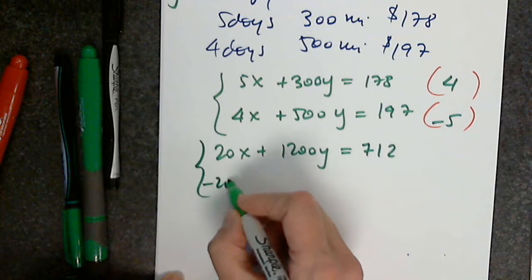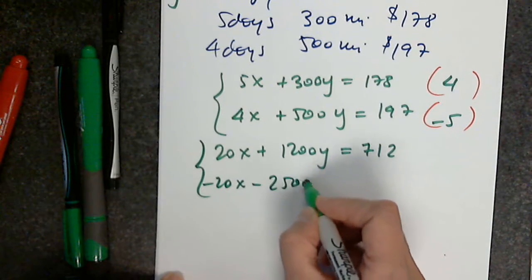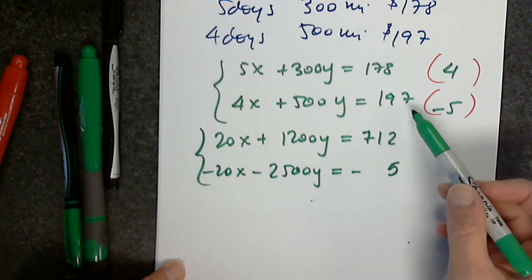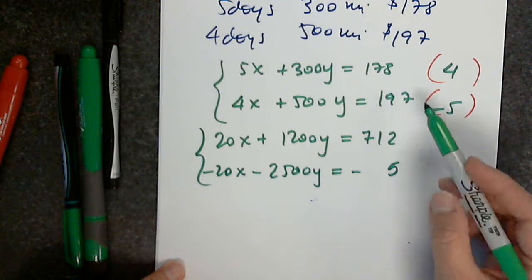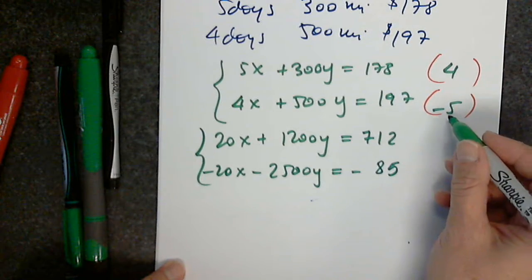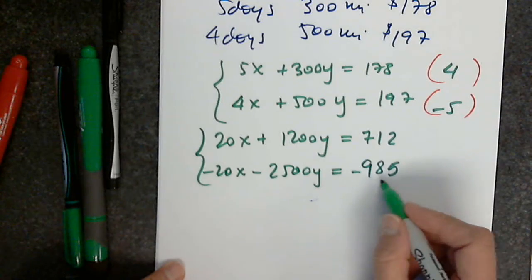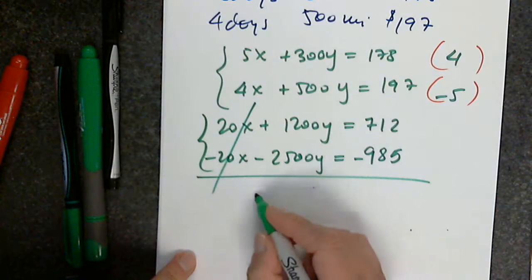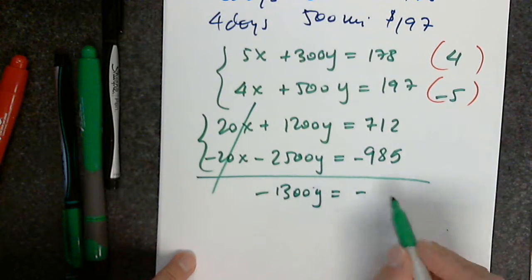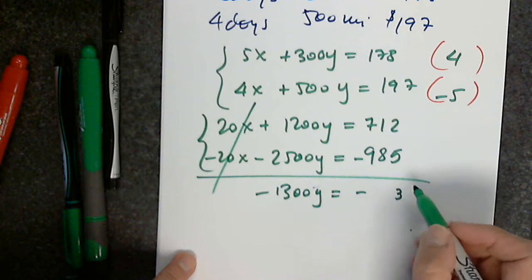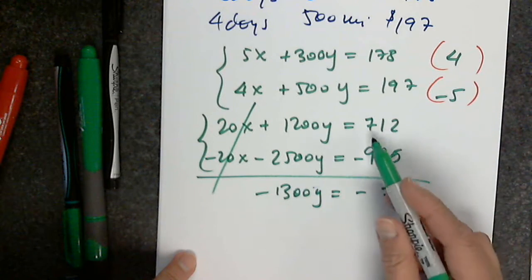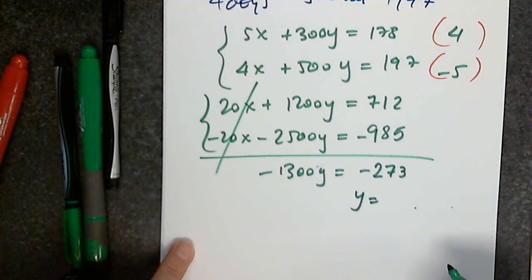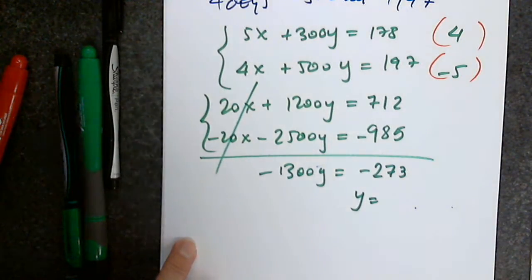And then the other one is negative 20x minus 2500y equals negative 985. Am I correct? Okay. Good. So then I have negative 1300y equals negative 273. I hope I'm correct. So then y equals 273 divided by 1300.